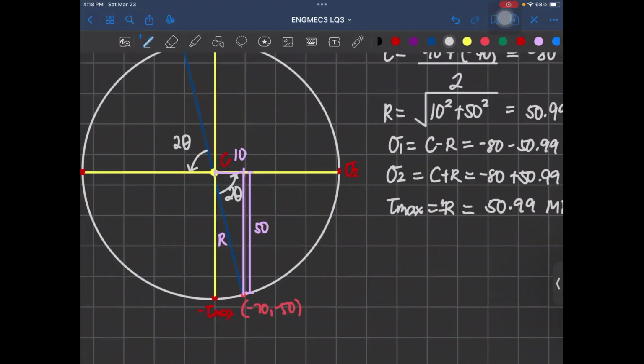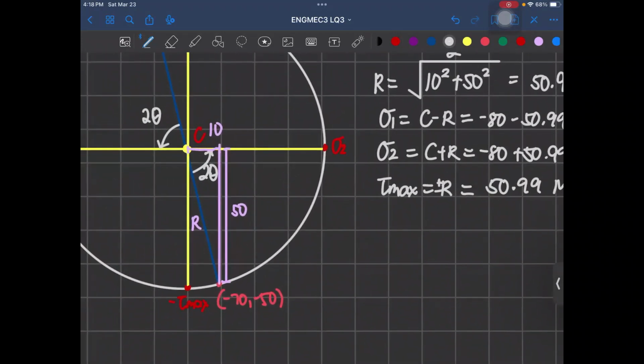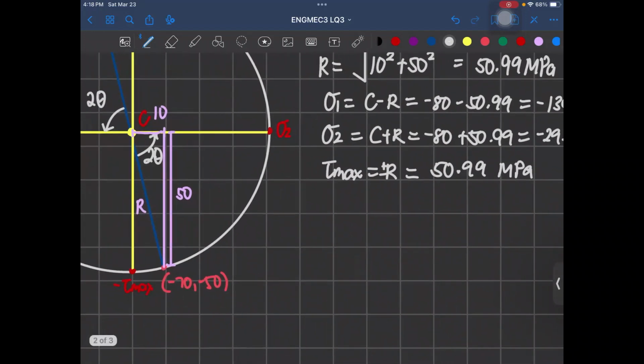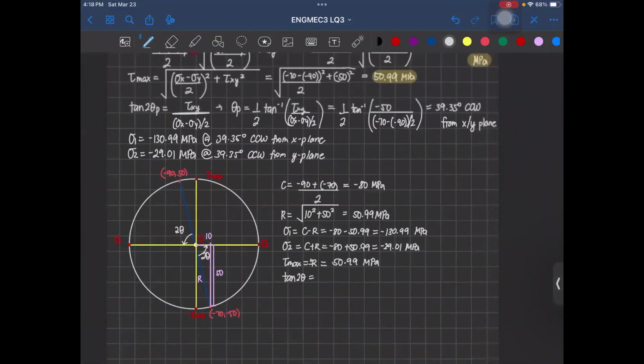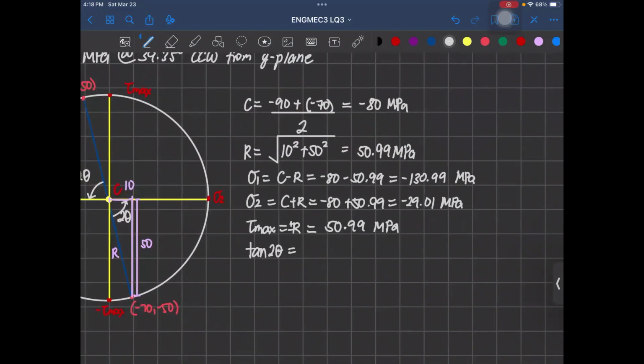And now let's get the angle. So using the same considerations, tangent of 2 theta is equal to opposite over adjacent, so it's equal to 50 over 10.